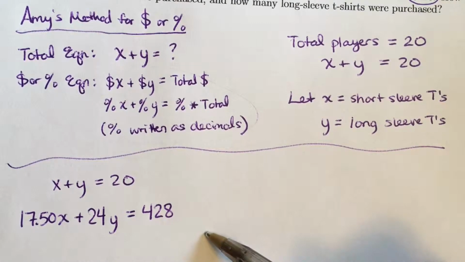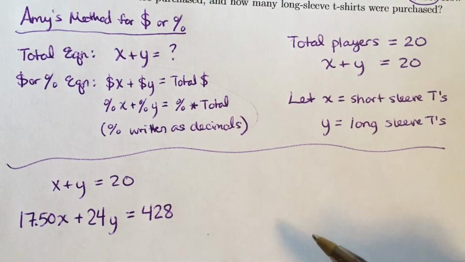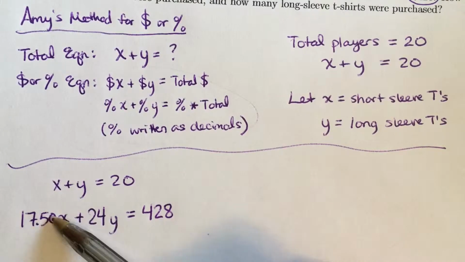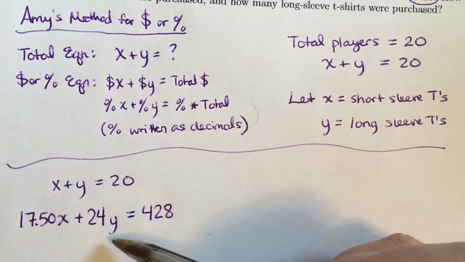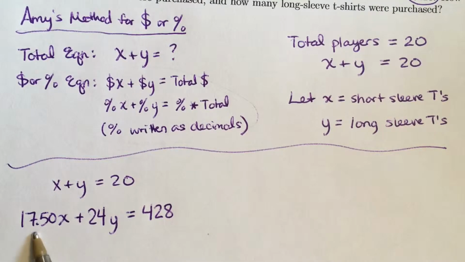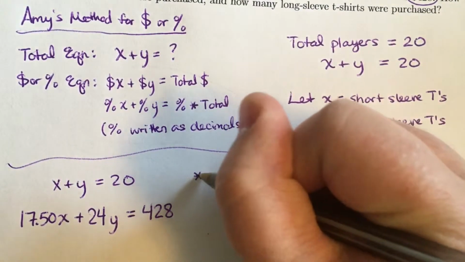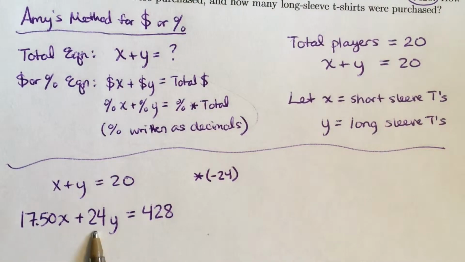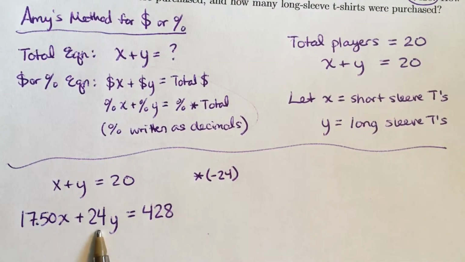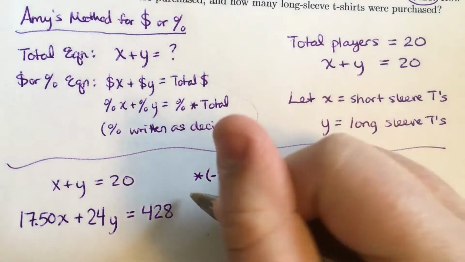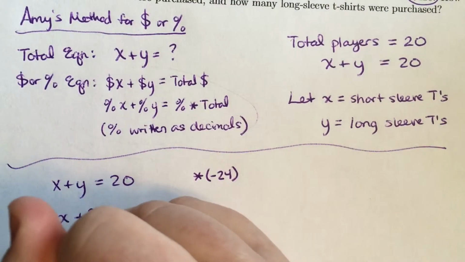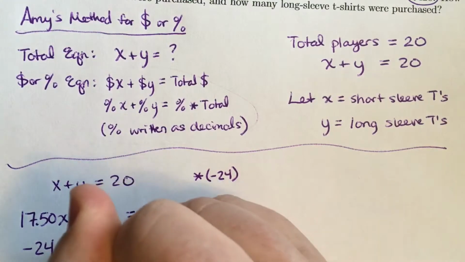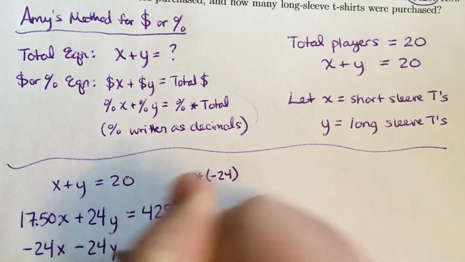Since we're in the solving through elimination section, I'm going to solve this with elimination. That means I need to either get the x's to match up or the y's to match up. I'm not really feeling this decimal, so I'm going to multiply the first equation times negative 24. I'm picking 24 because it's the number that's not a decimal, but I'm picking the negative so that when I do this multiplication, the y's are just going to cancel.